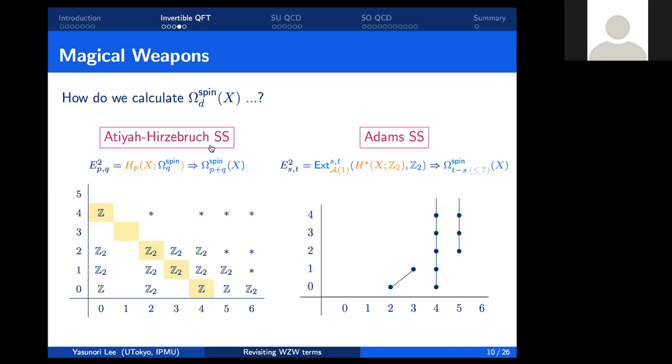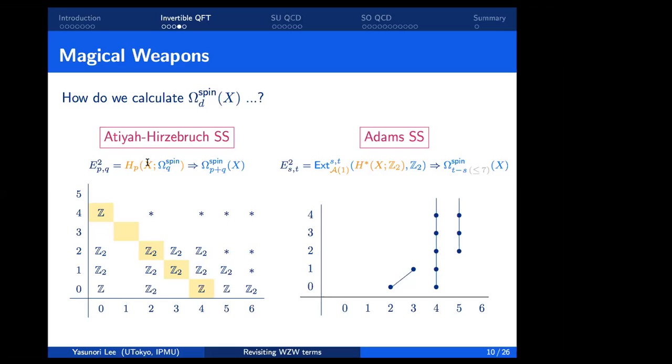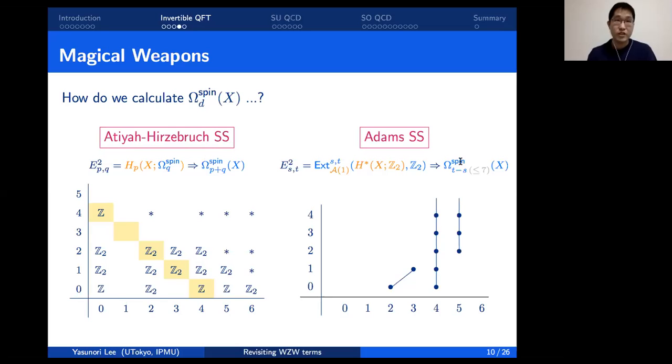Okay. So we want to know how to calculate these Bordism groups. But calculating Bordism groups is usually a very, very difficult task. Thanks to mathematicians, there are powerful tools called the Atiyah-Hirzebruch spectral sequence and the Adams spectral sequence, which enable us to extract partial information on Bordism groups, and sometimes even allow us to fully determine them.